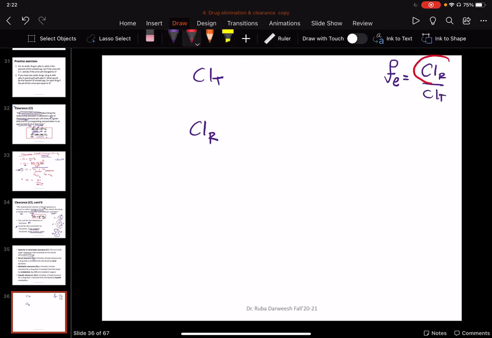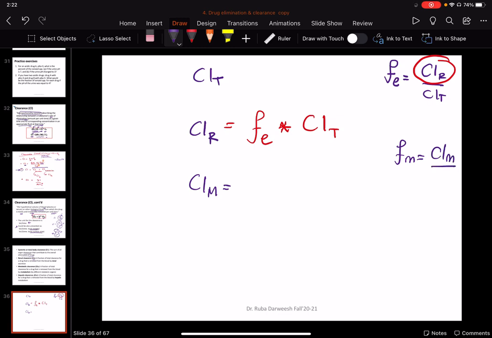So our renal clearance would be equal to the fraction of the drug excreted multiplied by the total, okay? And again, if we have metabolic clearance, it's metabolic over total, then it would be the fraction metabolized multiplied by the total clearance. And by the way, you already know this, but it's just written in a different way. But you already know those kinds of equations, right?